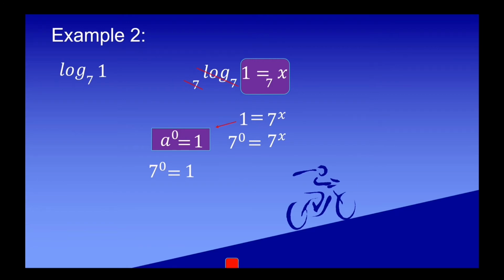This time we have both sides of the equation as a power of the same base. So cancel yung 7, then x is equal to 0. So the logarithm of 1 with base of 7 is equal to 0.